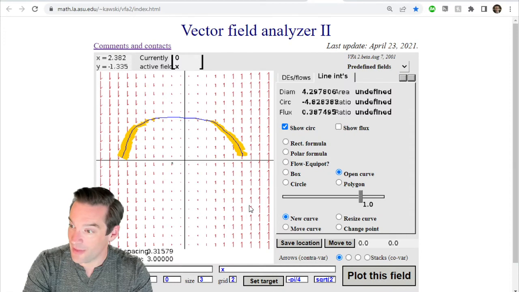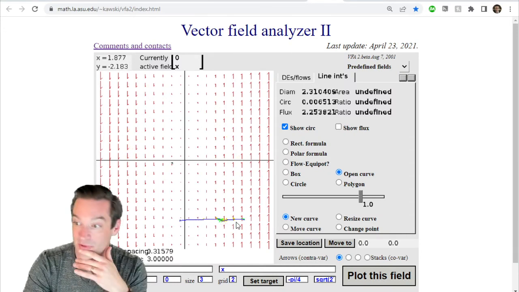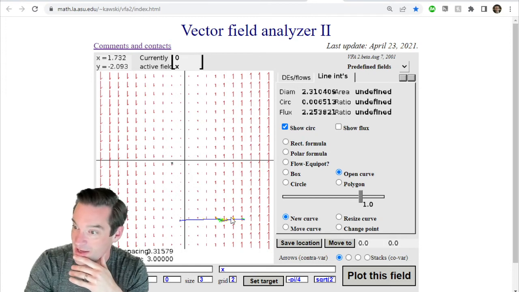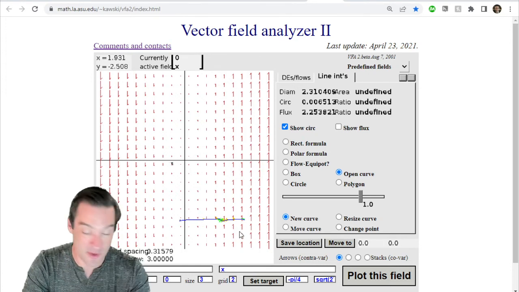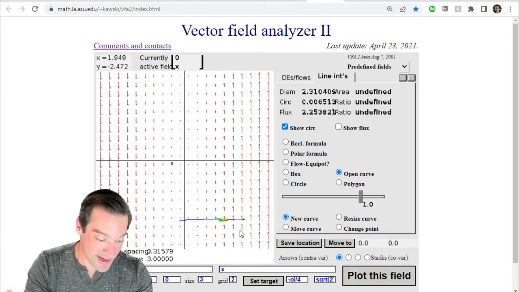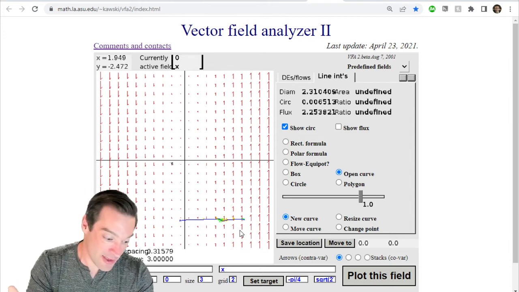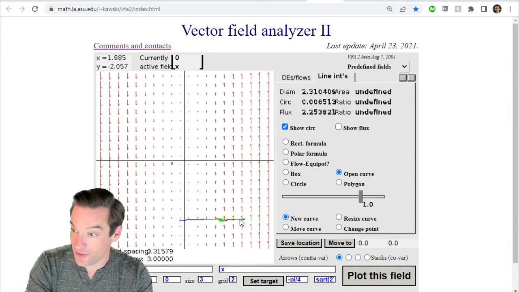Just to verify that, we can sketch it in. We don't get any, except for my little shaky hand happening in here. I've had a little too much coffee today. We don't get any green positive, we don't get any yellow negative. It just gives us 0 because we're perpendicular to the vector field at every point that we're going along there.